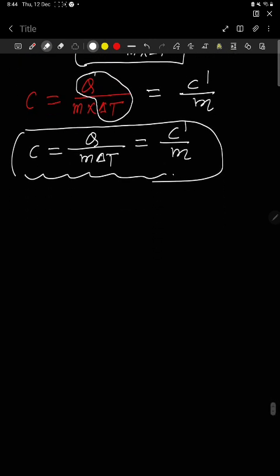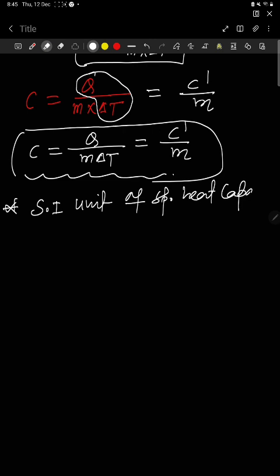Okay, now let's write the SI unit of specific heat capacity. Through the formula we can calculate its specific heat capacity.